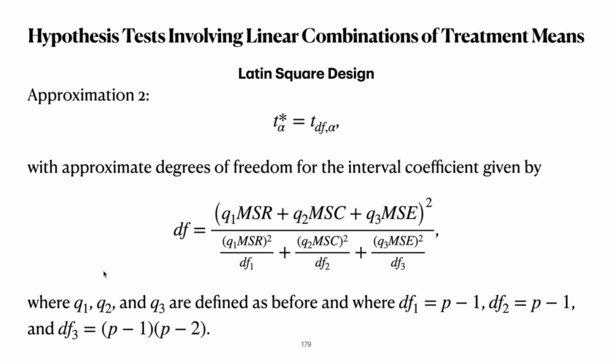Again, Q1, Q2, and Q3 are defined as they were on the previous slide. And also, the degrees of freedom are the same as they were on the previous slide, where df1 is p minus 1, df2 is p minus 1, and df3 is equal to p minus 1 times p minus 2.